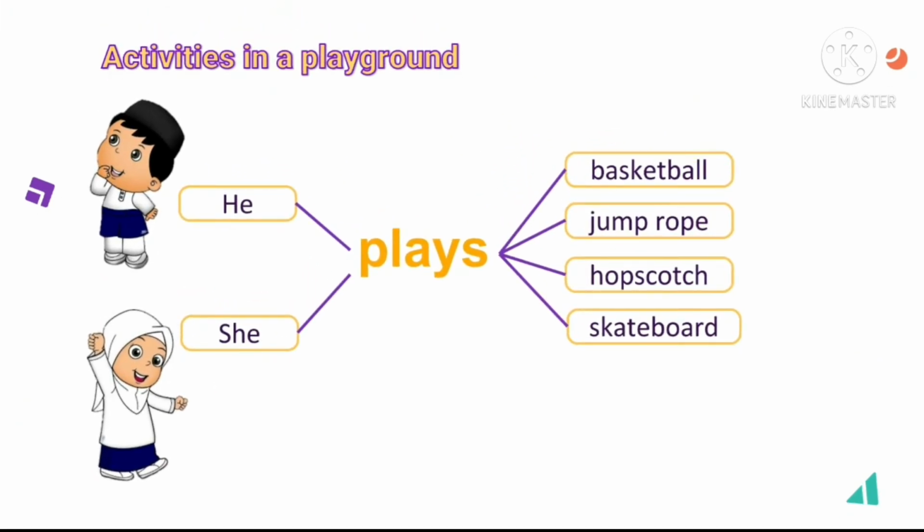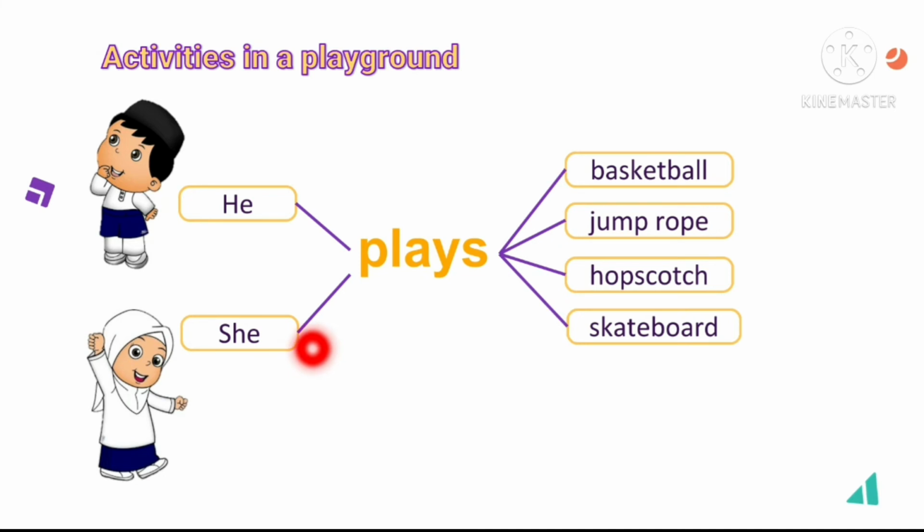What if the subject is either he or she? Well, we are going to use plays for the subject he or she. So, if the subject is a boy or a male, we say he plays basketball.